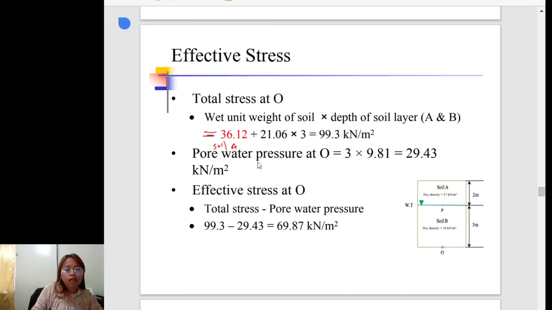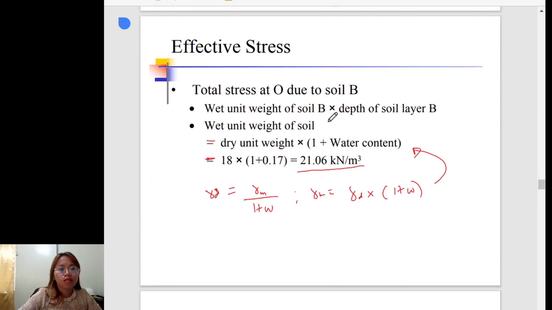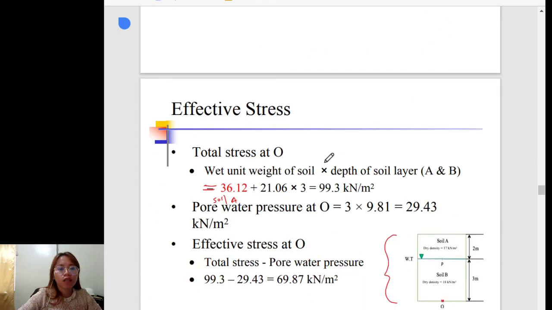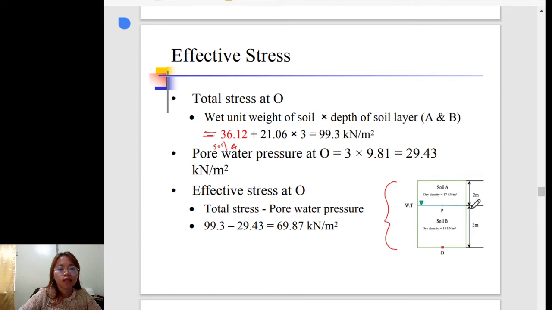Kay ato man siyang i-account kay naa man diri ang O. Then you have to consider the soil A and soil B. Not soil B only. Soil A and soil B. No? Kay naa man siya diri. So this is soil A, the stress at soil A which we computed earlier, plus the computed wet unit weight times the height of soil B. So this is soil B. So ma-get ni siya ang total stress at O. But remember, the effective stress is equal to total stress minus pore water pressure.